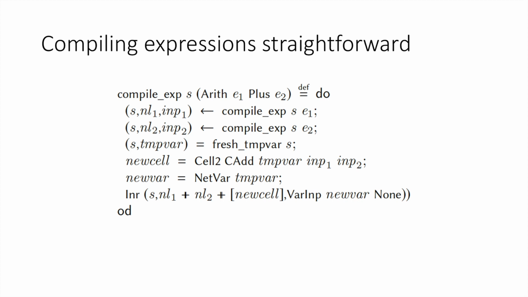We simply recursively invoke the expression compiler twice, and then we merge the results from the recursive compilation calls with the new cell. So many expressions are simple like this.